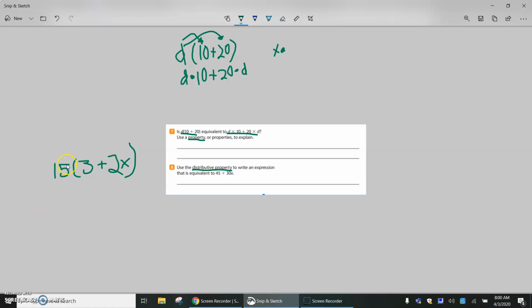And here's how you know that. Let's go back. Let's reverse engineer this a bit. Remember that this arrow shows that 15 is being multiplied by both of these values. So 15 times 3.